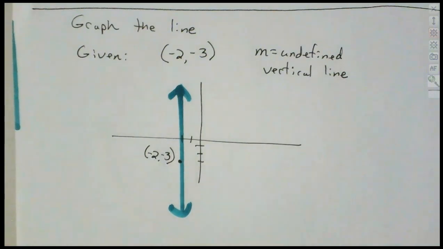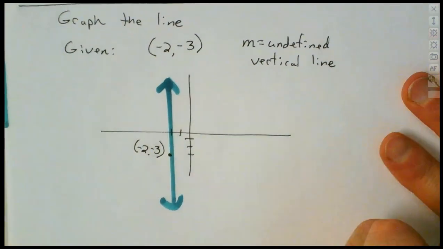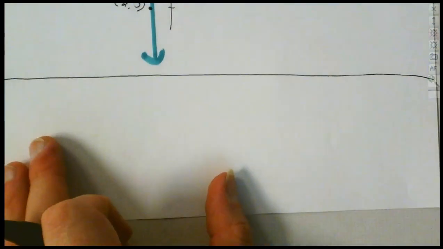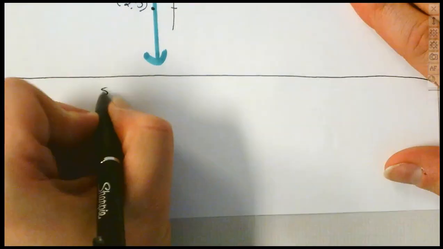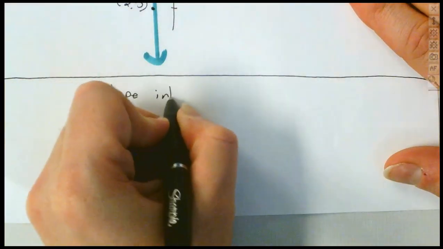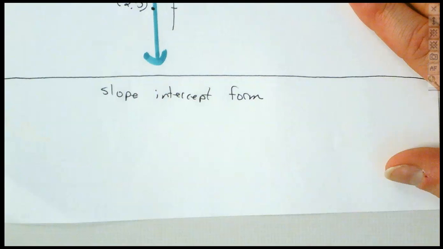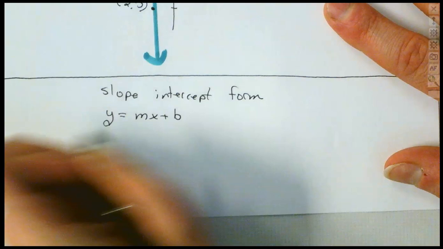Now, since we know how to graph a line when you're given a point and a slope, we can now use that to graph lines when all you're given is an equation. When you're given an equation, we want to make sure that you have it in what's called slope-intercept form. And slope-intercept form is y equals mx plus b.